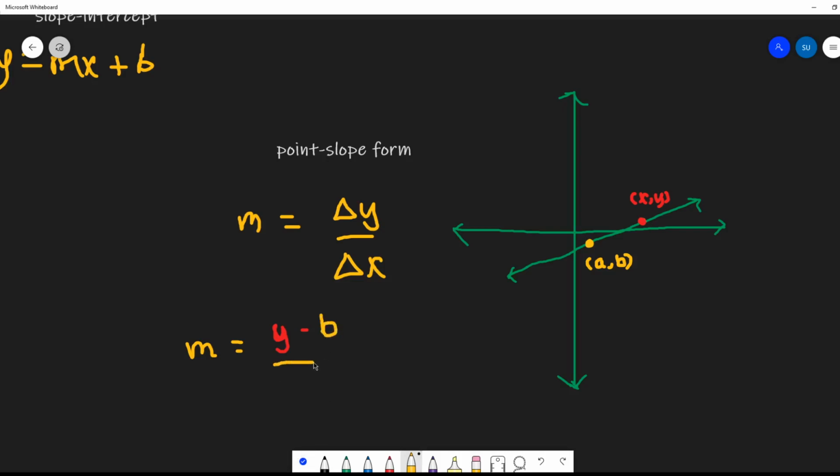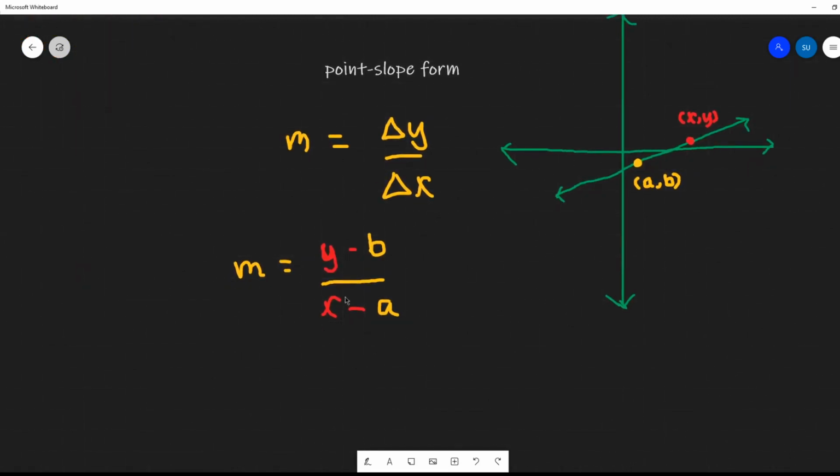And then in the denominator, we're going to have the change in x, so it's going to be x minus a. Okay. So from this, we can now derive the point slope form.